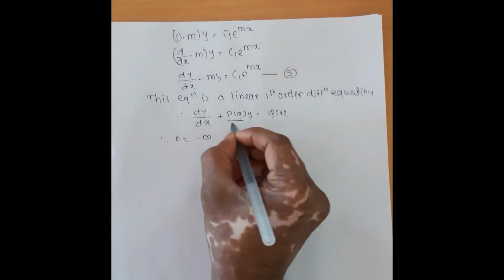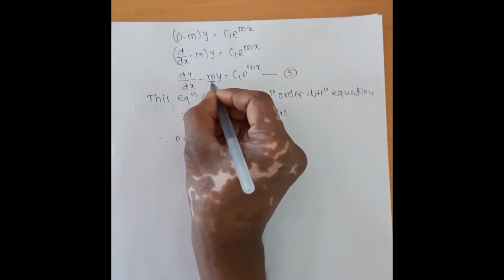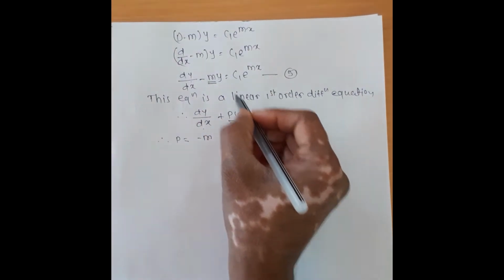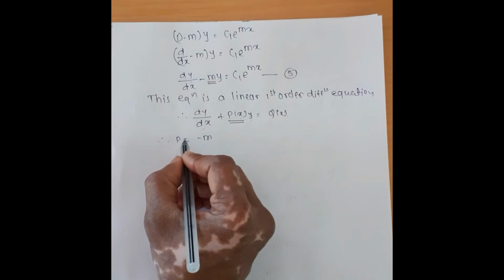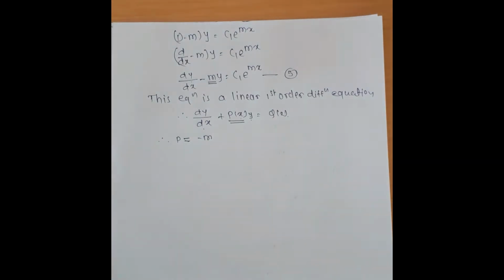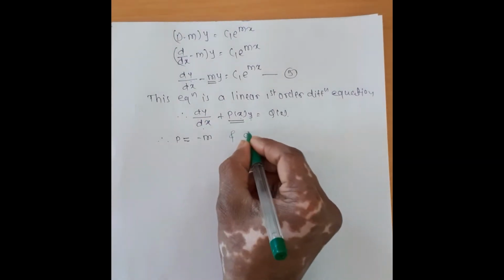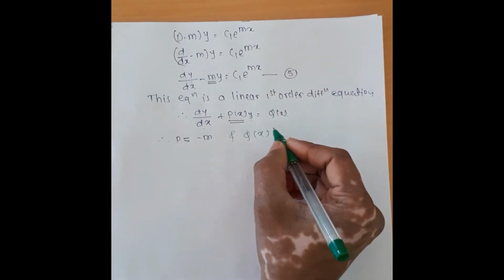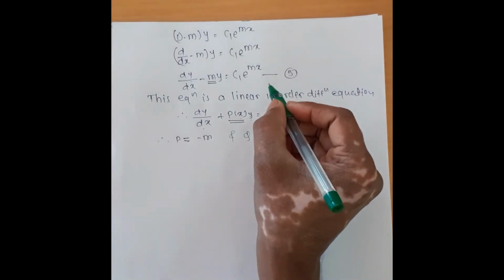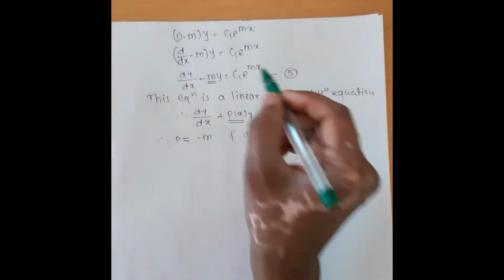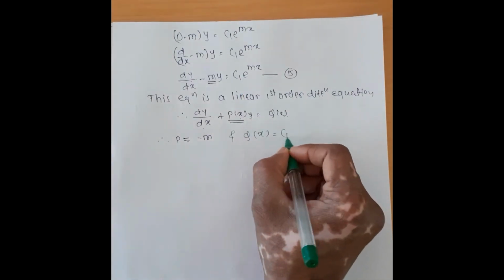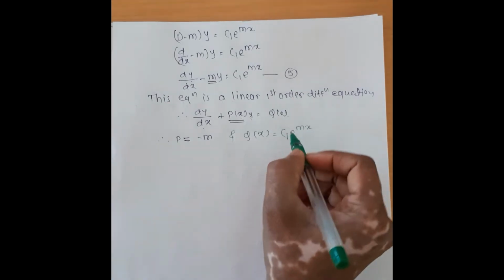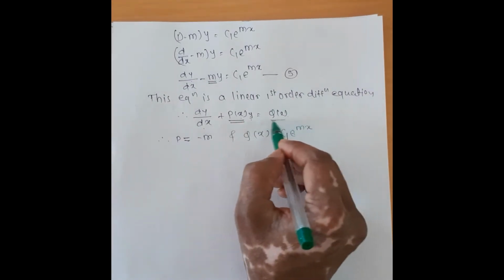Here p of x is represented as m. The y variable of these two terms is the same, so that's why we call the value of p equal to minus m. And the value of q of x is c1 e raised to mx. This is the value of q of x.